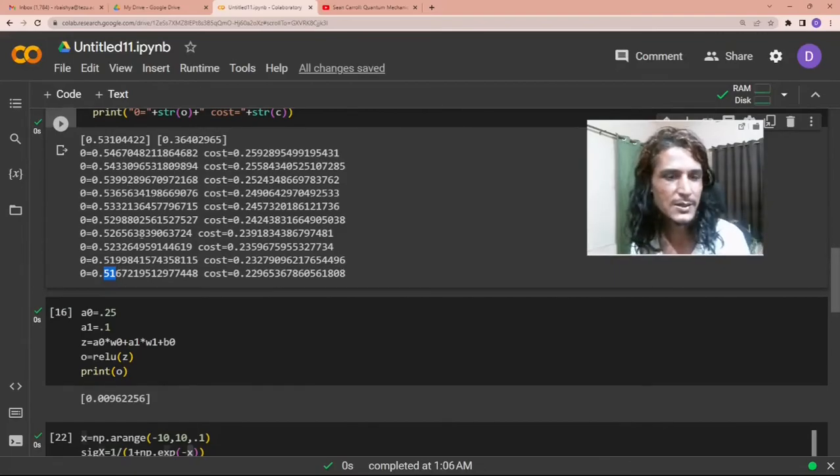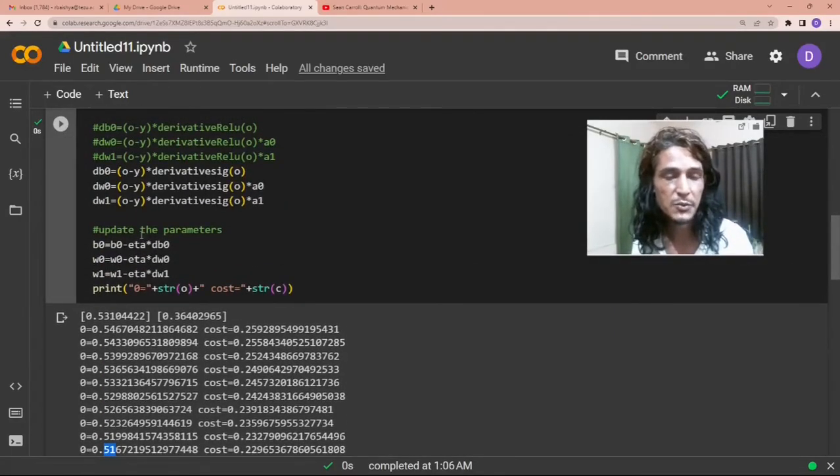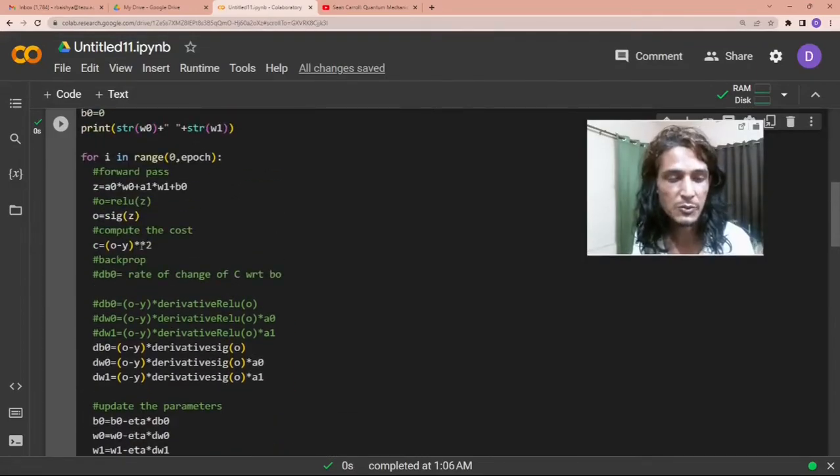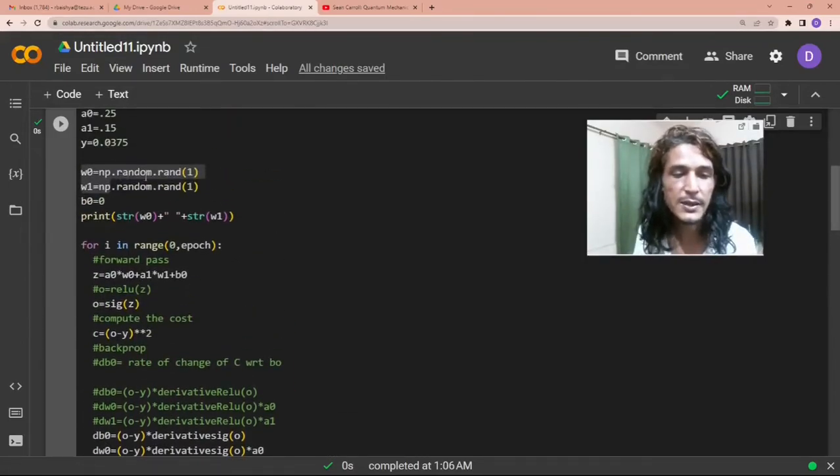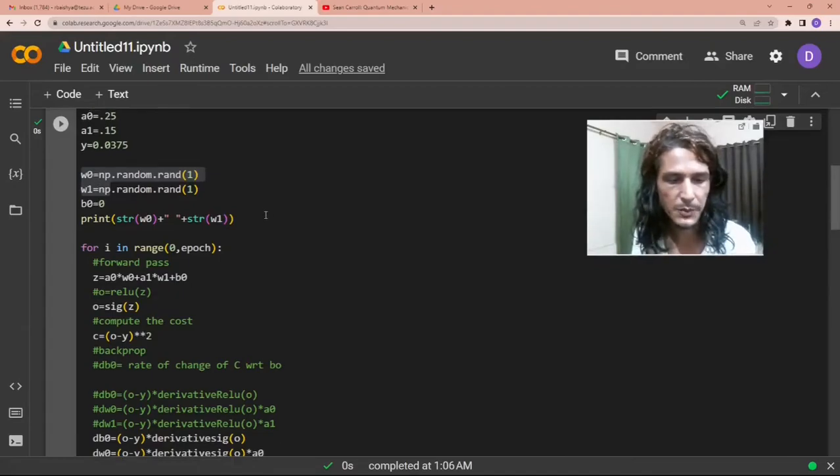It's not exactly the same every time you execute this program, because of the randomness of the initial weights. If you do not want that, you can fix these weights to some fixed number, and every time you execute the code, everything will be deterministic. Okay, a small point I wanted to tell you.